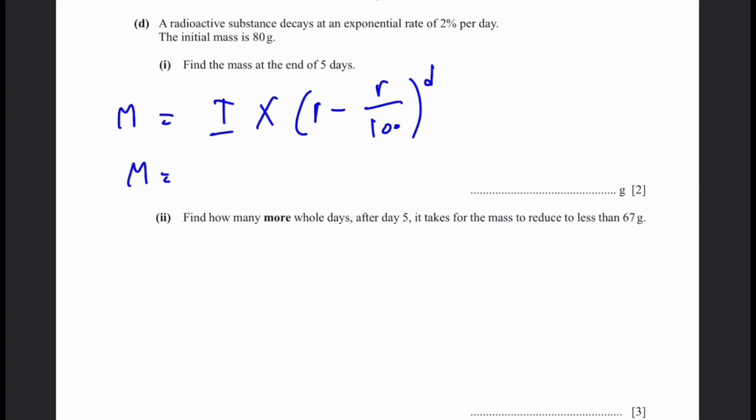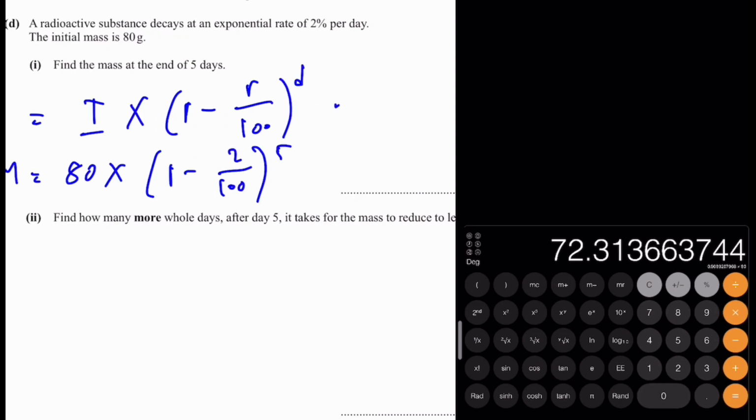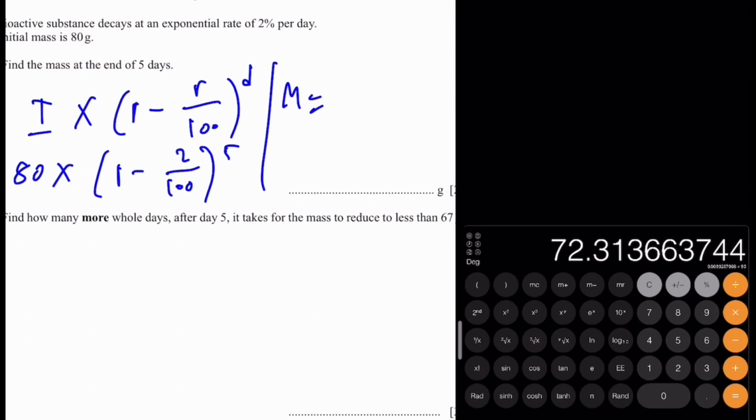So M is equal to 80 into (1 minus 2 by 100) to the power of 5. Let's use a calculator. 1 minus 0.02 is 0.98, to the power 5 is this value, and multiply by 80. M is equal to 72.31 grams. That's the answer.